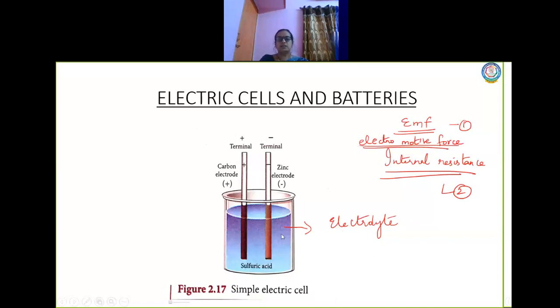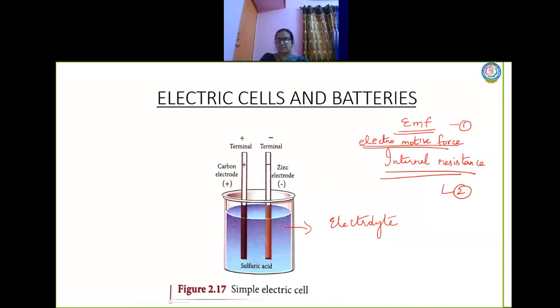As I told you, where there is a potential difference there is a current flow, but inside the cell the current flow is from negative to positive. So here also you have resistance. There is always a resistance inside a cell which opposes the movement of the current.